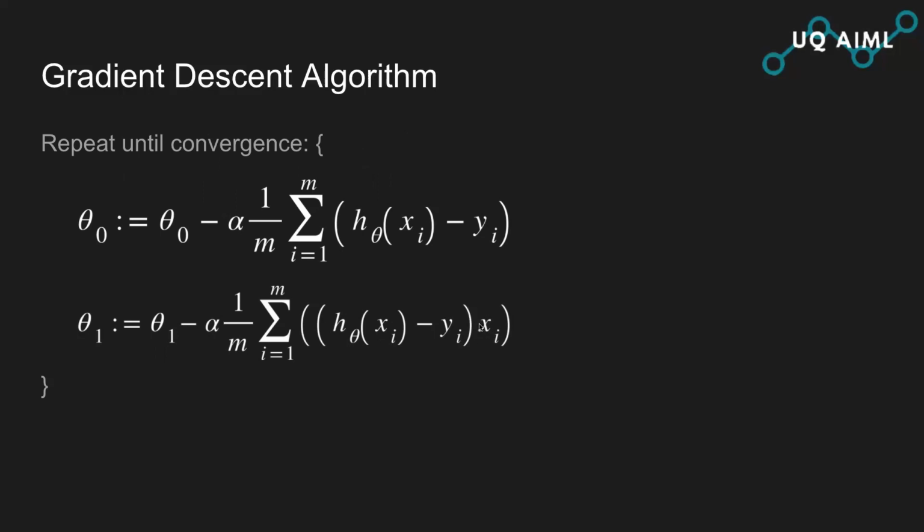After you figure out the difference between your predicted output and your actual output, you multiply it by the x coordinate of your example, and then sum over that. The reason for this is due to the derivative, which again we can cover at the end if you're interested.